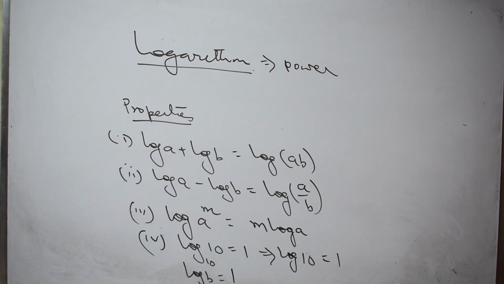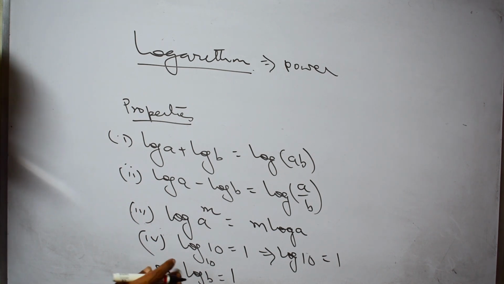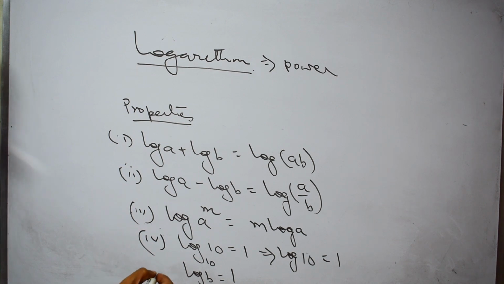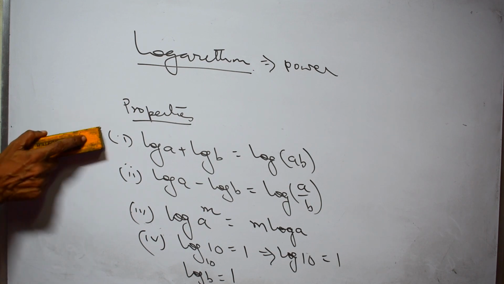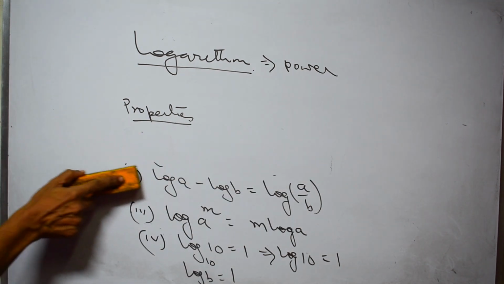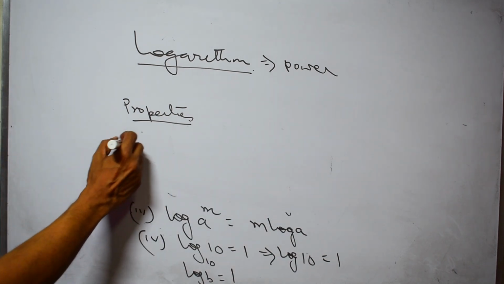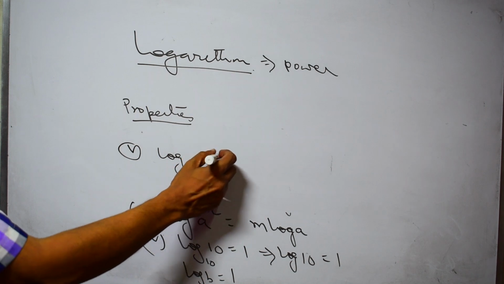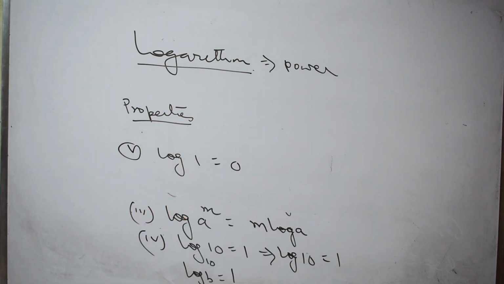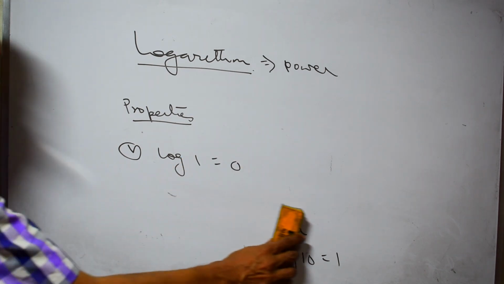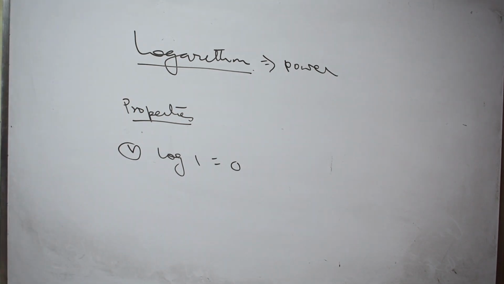That means log 2 to the base 2 is 1, log 3 to the base 3 is 1, etc. Another final basic property of log is log 1 to any base is 0. So log 1 to the base any number, or without a base, will always be 0.